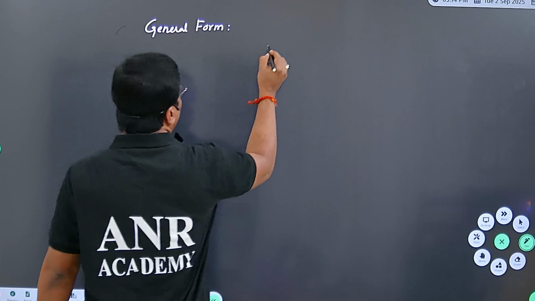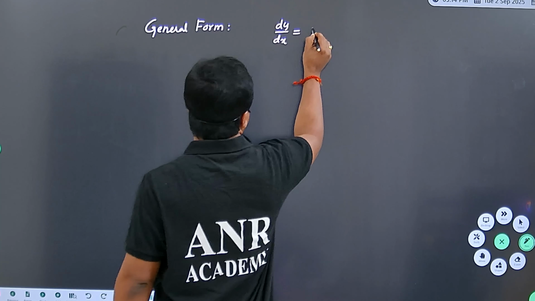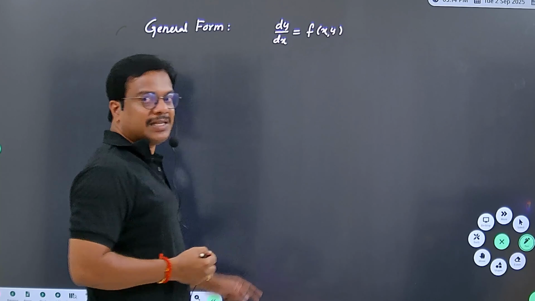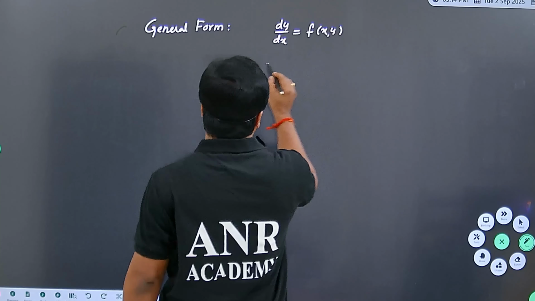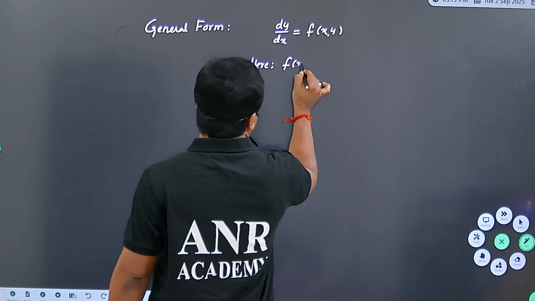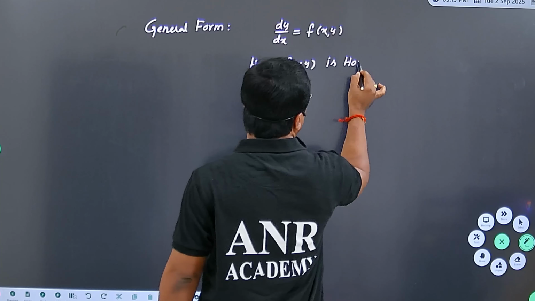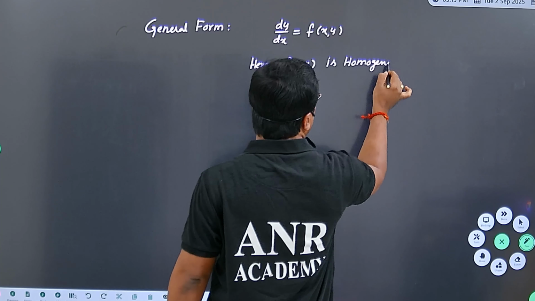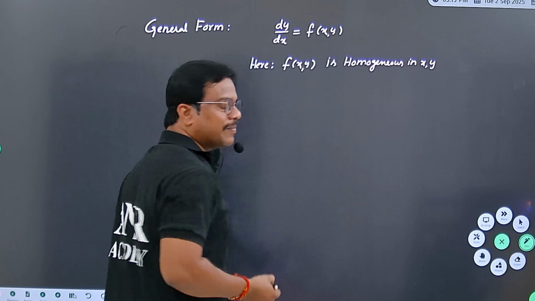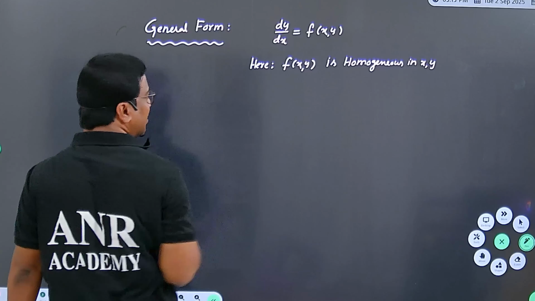A differential equation of the form dy by dx equal to function of x comma y, where f of x comma y is a homogeneous function, homogeneous in two variables x and y. This is the general form of the differential equation.